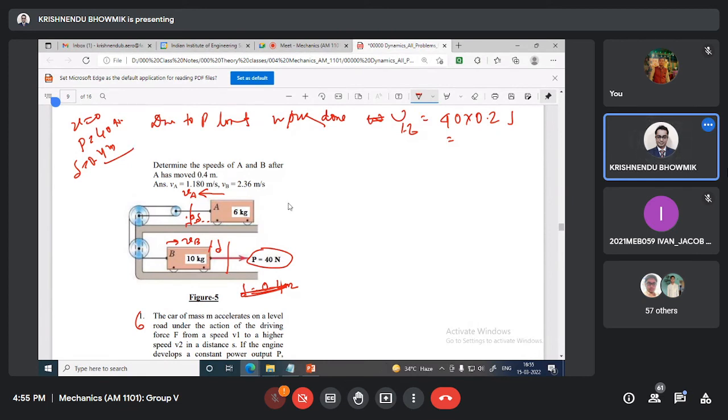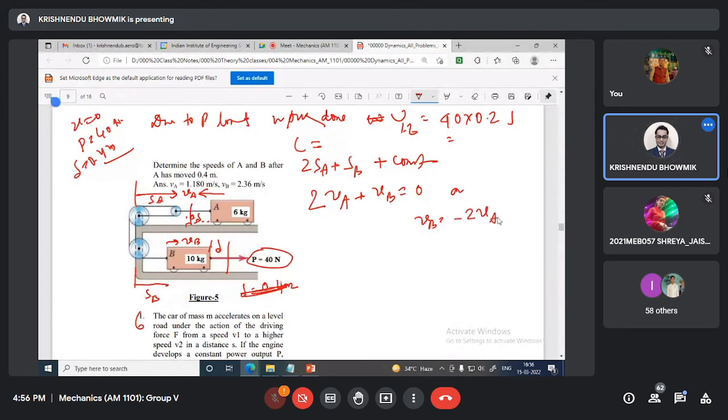Now, if I consider this one SA, and this is SB, so 2SA plus SB plus constant, that is the total length, is not it? Yes, sir. So 2VA plus VB equal to 0, or VB equal to minus 2VA. Okay.